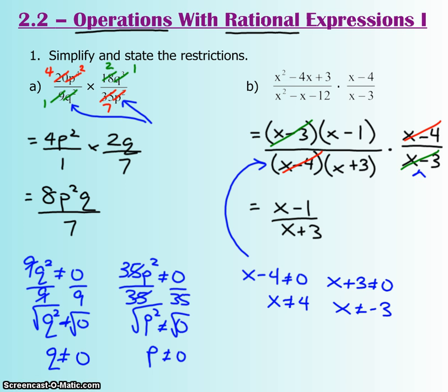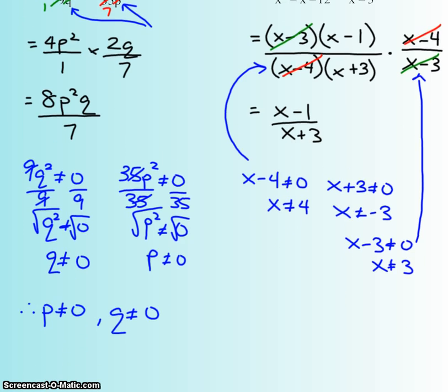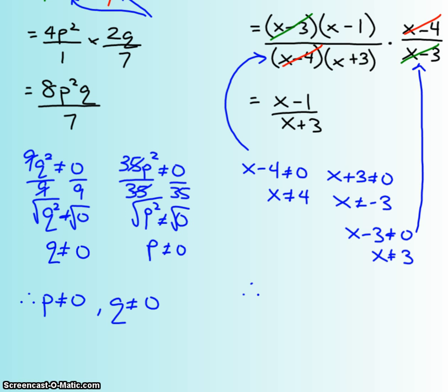This one also has a denominator, so we want to make sure that we also state that restriction. x minus 3 can't equal 0, and that means x can't be positive 3. So we have 3 restrictions in this case, and again, we're just going to list them out in order smallest to largest. So x can't be negative 3, 3, or 4.